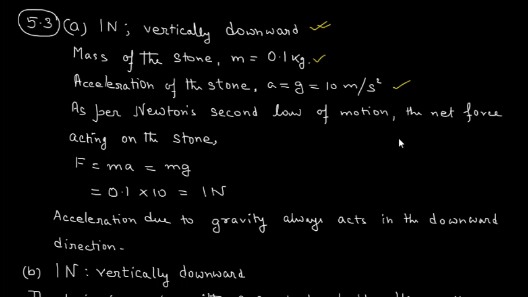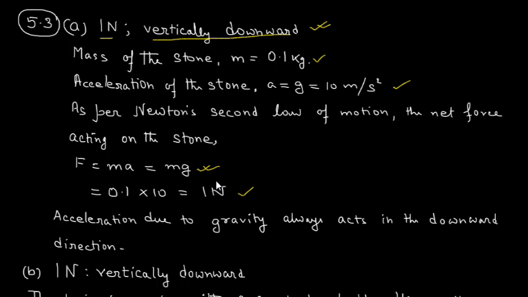As per Newton's second law of motion, the net force acting on the stone, F is equal to ma is equal to mg, which is 0.1 into 10, that is 1 Newton. Acceleration due to gravity always acts in the downward direction. So 1 Newton and vertically downward is clear. With a simple formula, F is equal to ma, which is equal to mg here. Put the values of m and g and we can get it.